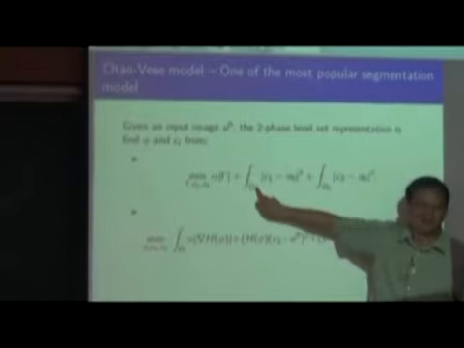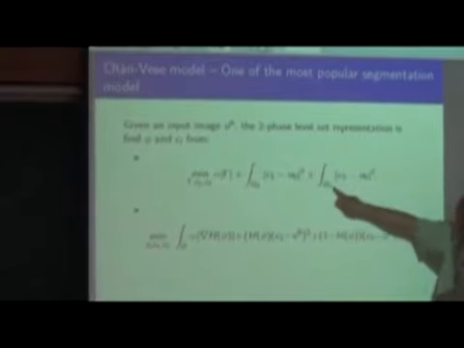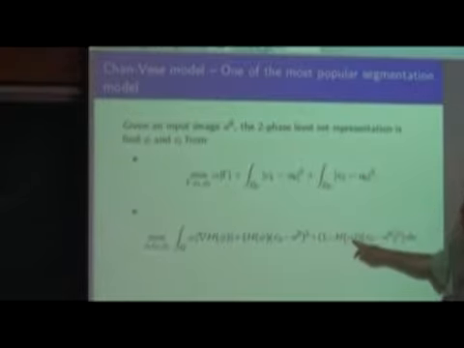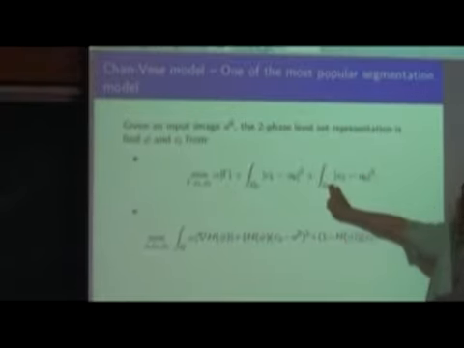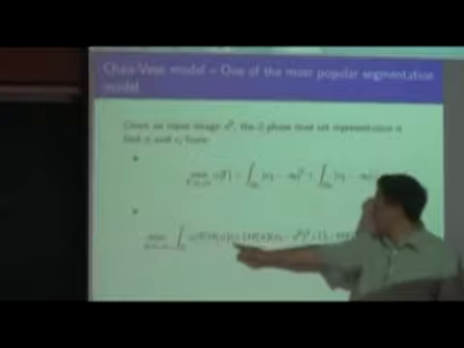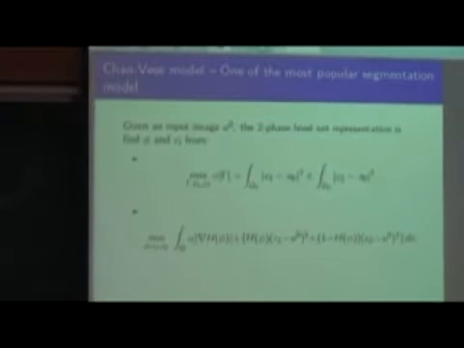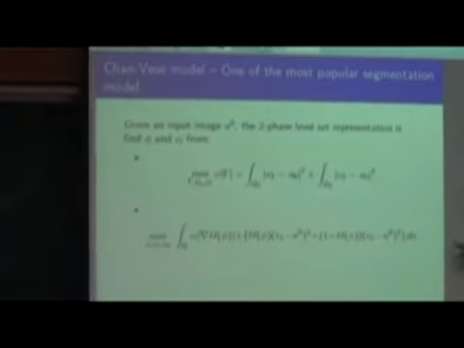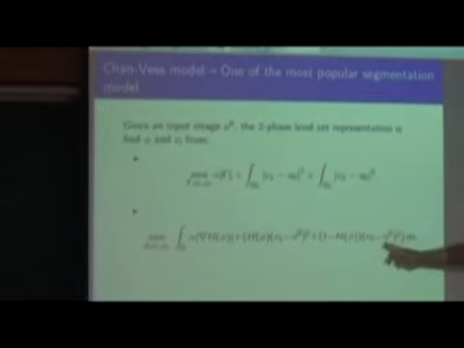Similarly, with 1 minus Heaviside, omega 2 disappears. Then the minimization with gamma, you can now just minimize with phi. If you get a minimizer of phi, you get a minimizer of the original problem.